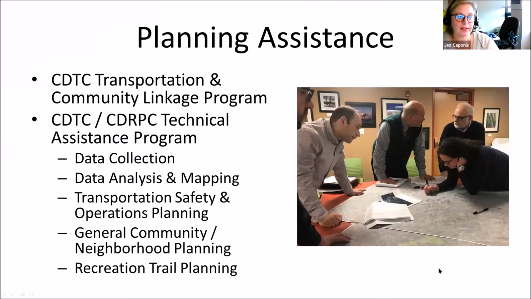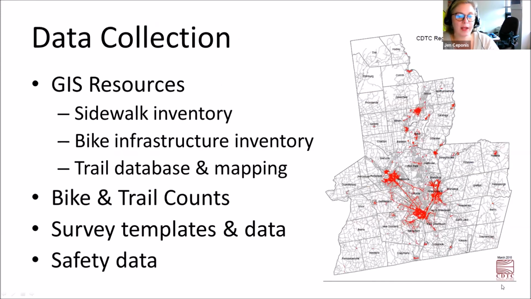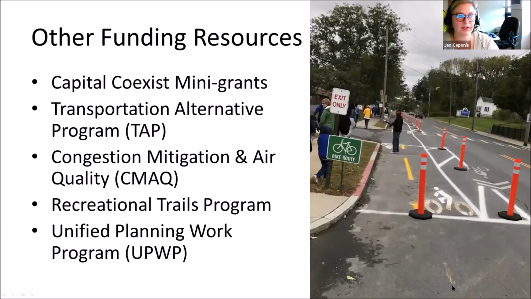We provide planning assistance through linkage and through a technical assistance program that we work on with CDRPC. We have a variety of data resources available for local governments, infrastructure inventories, count data, and other survey and safety information. We also have educational resources and funding resources.